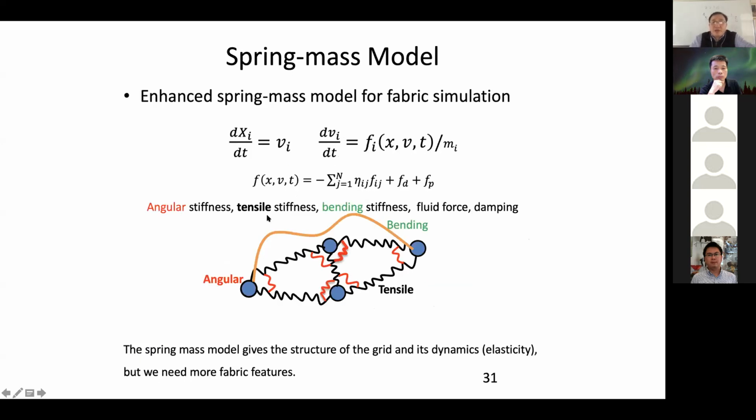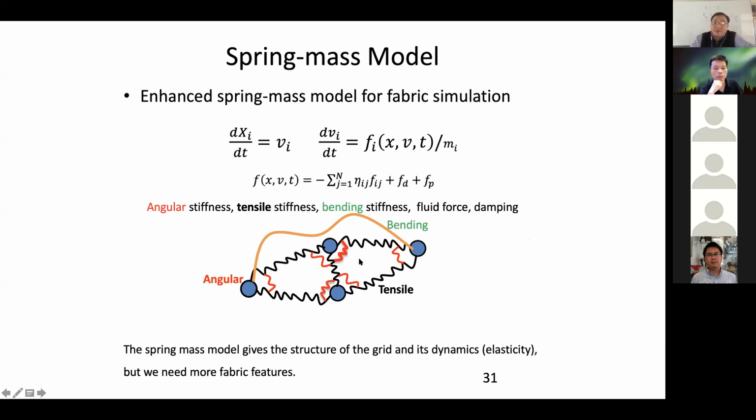so we included the tensor stiffness. There was only a tensor stiffness, and we also need to include the angular stiffness.